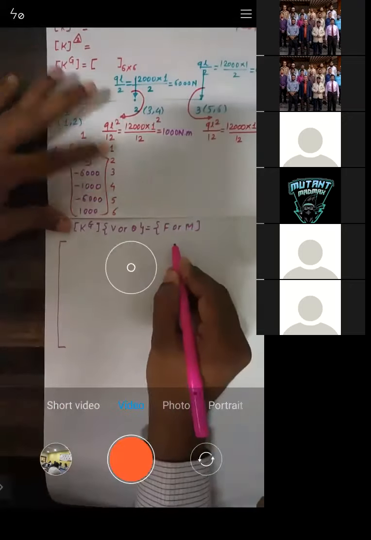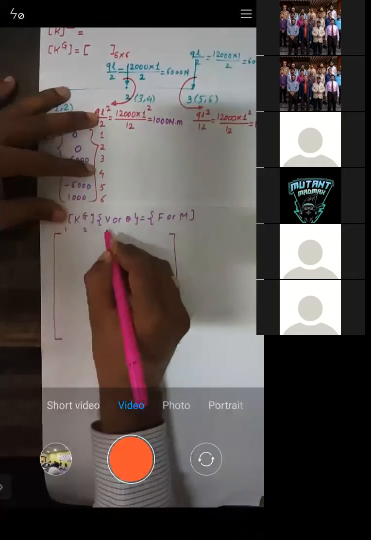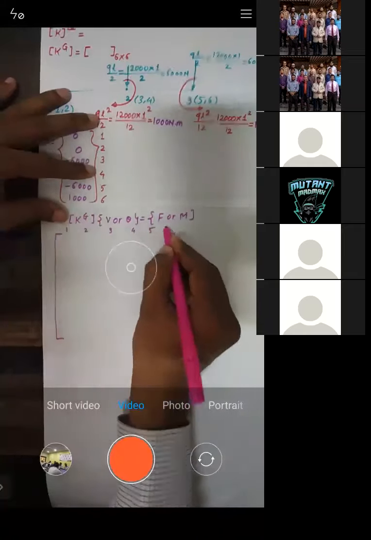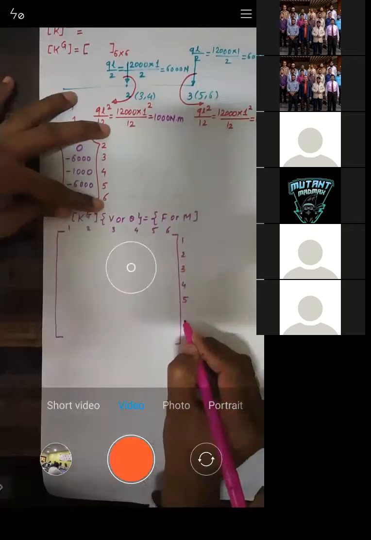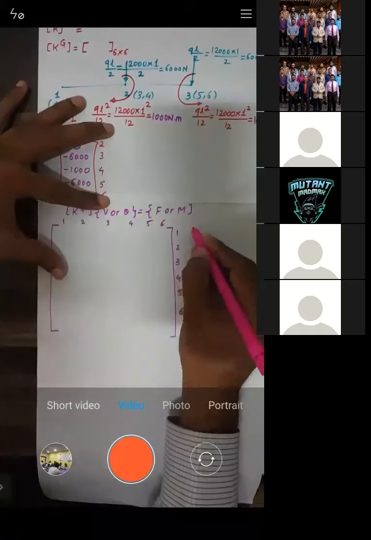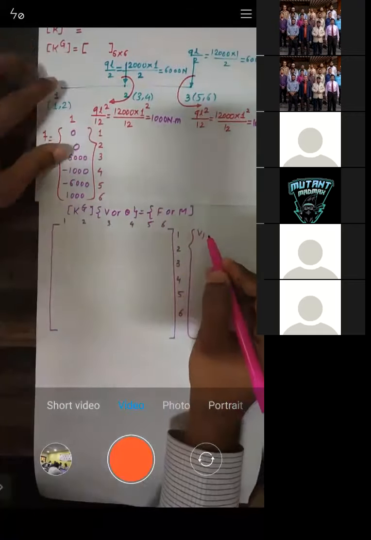Try to understand, this will be 6 by 6. We'll have 1, 2, 3, 4, 5, 6 columns and 6 rows, multiplied by what? The displacements. So what displacements do we have?